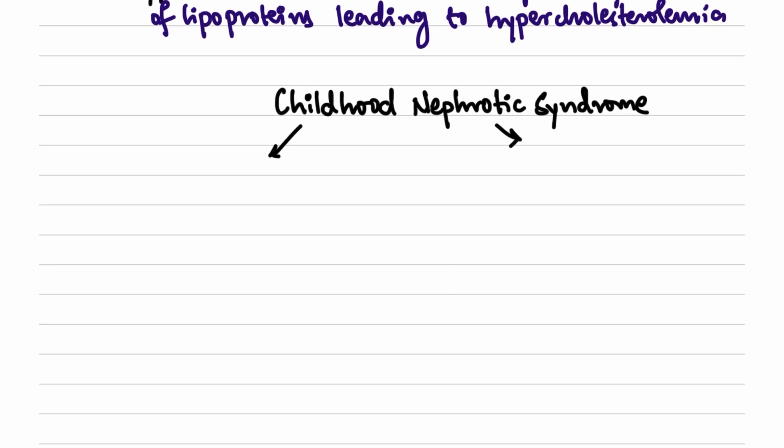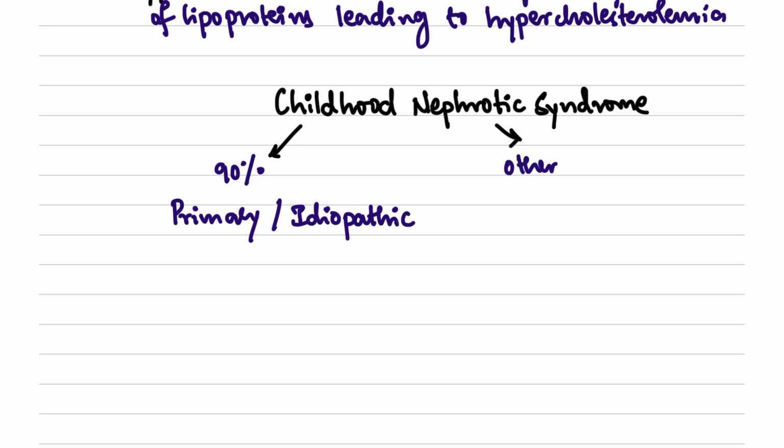When it comes to childhood nephrotic syndrome, 90% of the cases will be primary or idiopathic, while only the other 10% will be due to secondary causes such as amyloidosis.